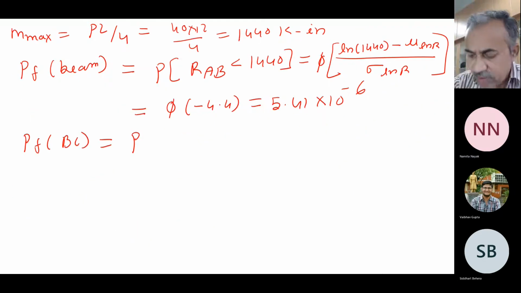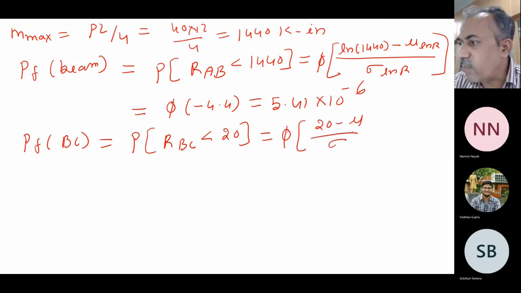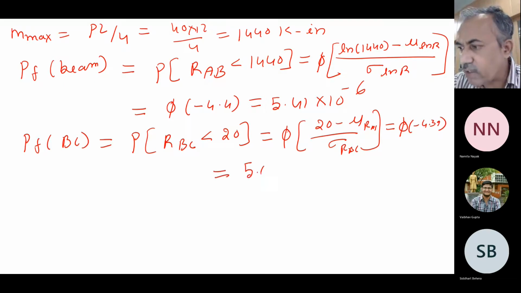Okay, that is straightforward. So RBC is less than 20. This is a normal distribution, so it is straightforward. So phi of 20 minus mu by sigma RBC, you substitute. This turns out to be phi of minus 4.39, and the probability of failure is 5.67 into 10 to the power of minus 6. So this is the probability of BC.